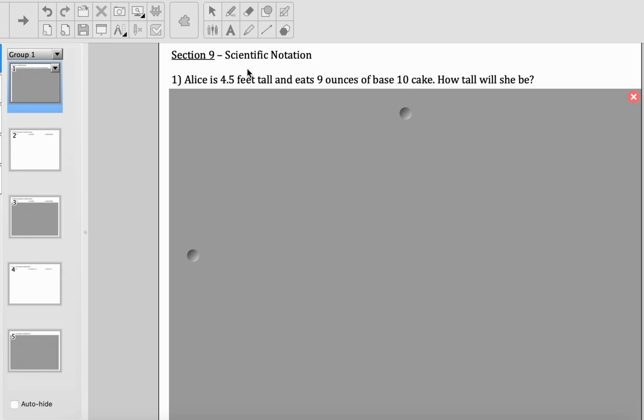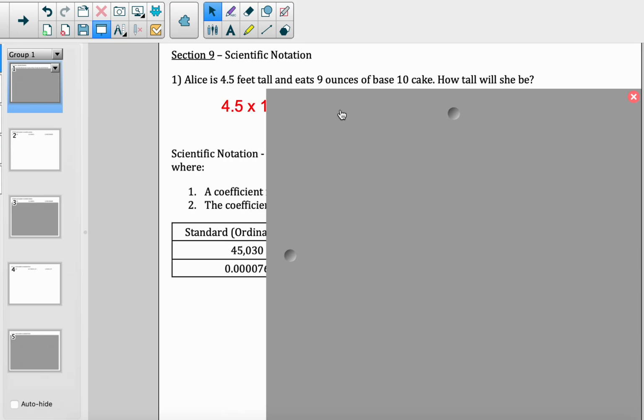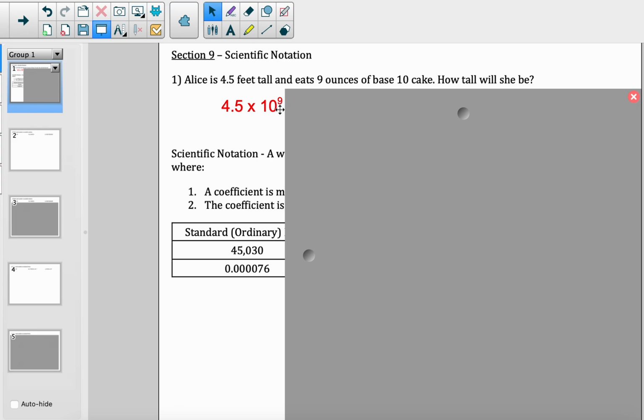So if Alice is 4.5 feet tall, we can multiply her height times the type of cake and the number of ounces. So 4.5 feet times 10 to the ninth is what Alice's height would be multiplied by if she had 9 ounces of base 10 cake. So how big is that?